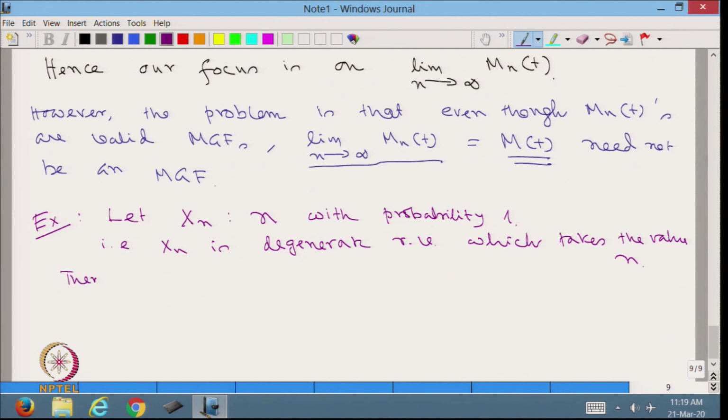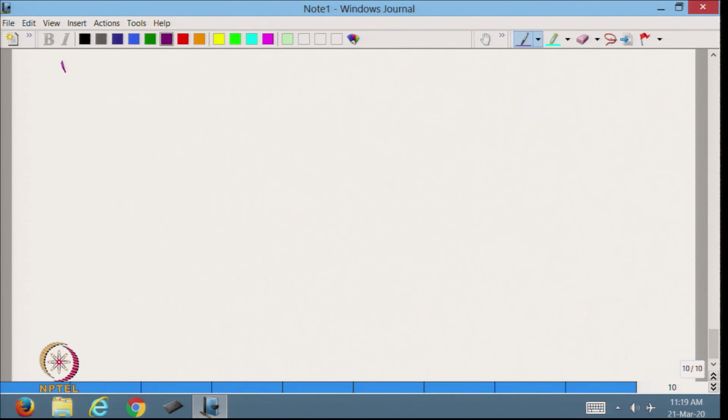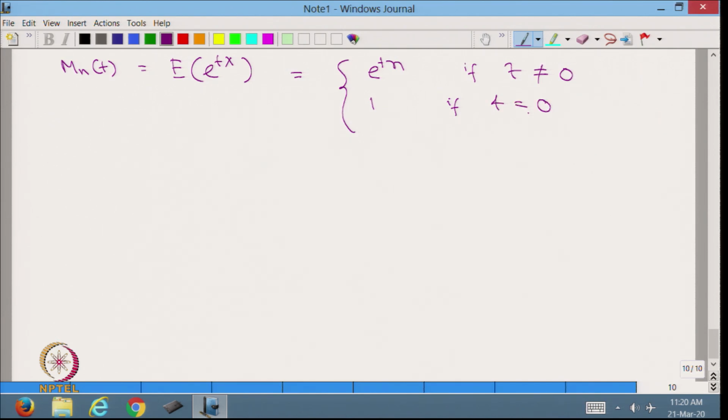Then what is Mn(t)? Mn(t) is equal to the expected value of e to the power tX, which is e to the power tn if t is not equal to 0, and is equal to 1 if t is equal to 0.